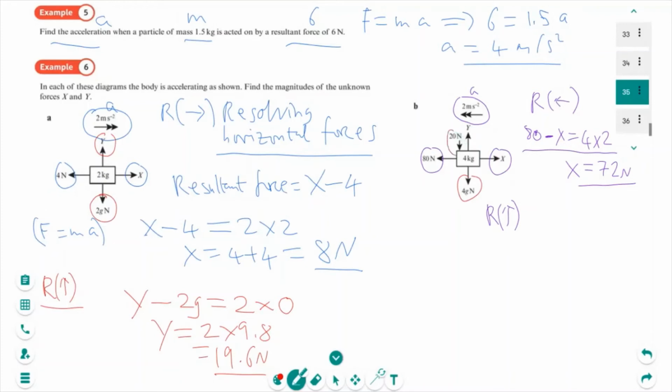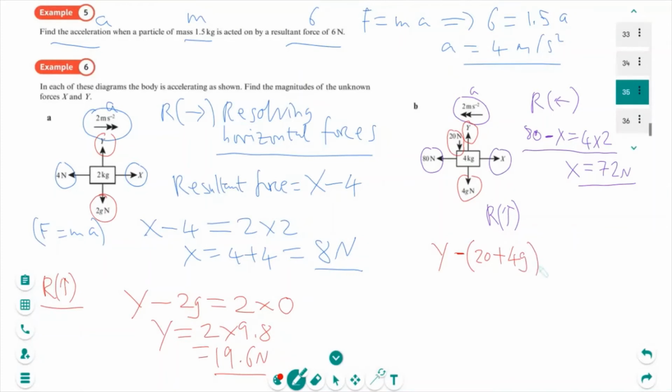That will go together with the 4g, and then you have an upward force. If you take the upwards direction as positive, the resultant force will be y take away the sum of the two downward forces, 20 plus 4g. That is the resultant force in the vertical direction.